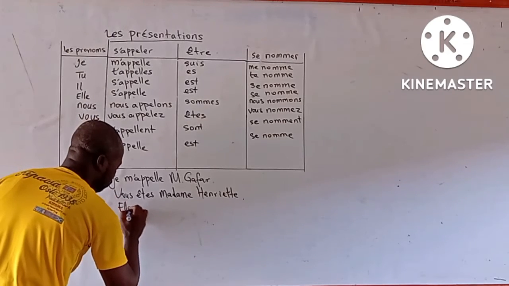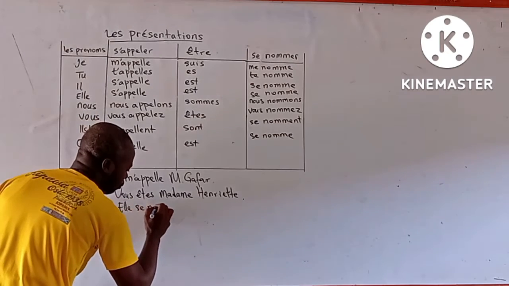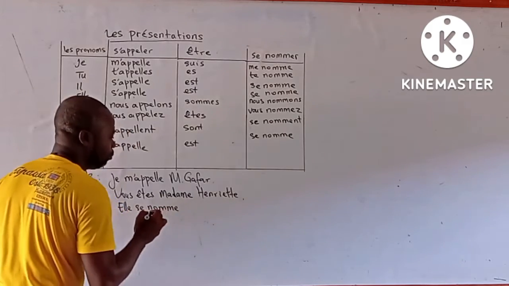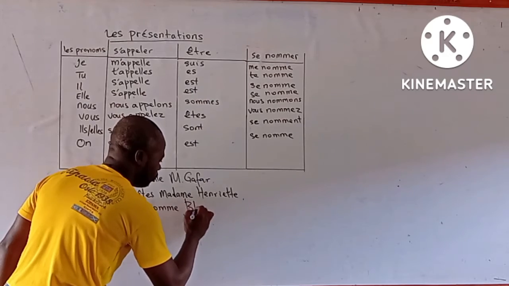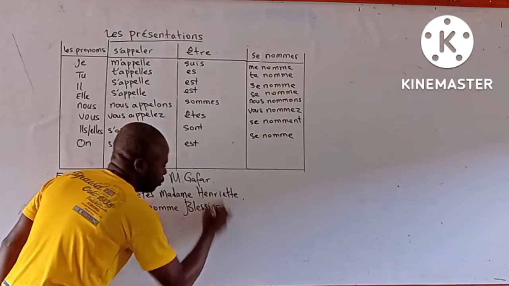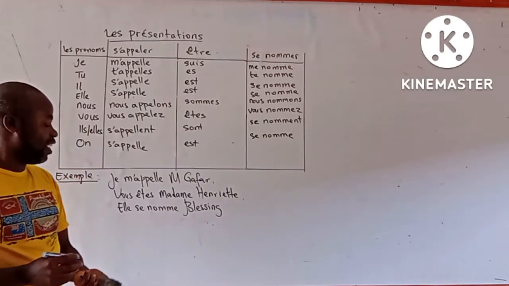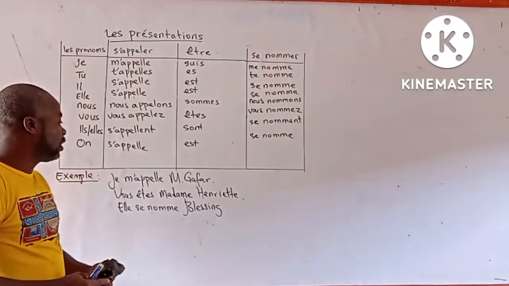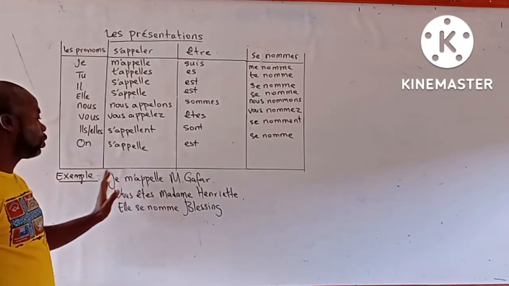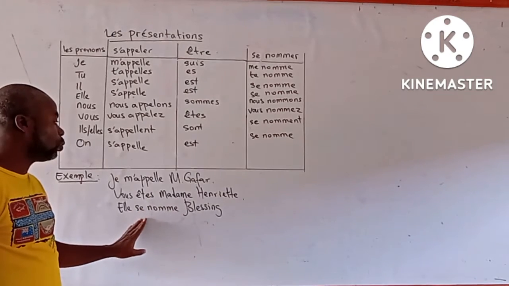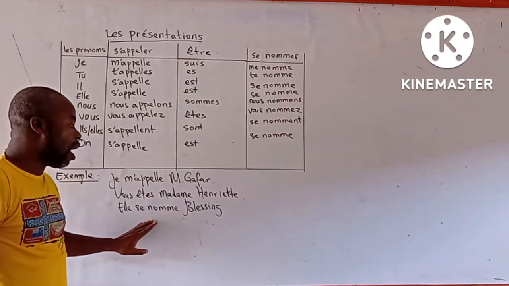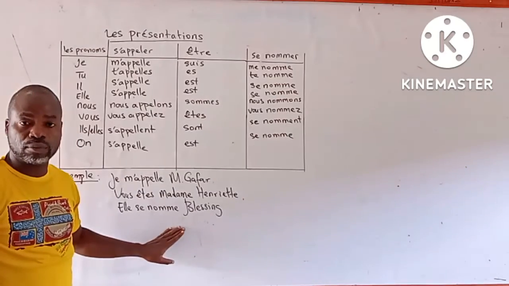Elle se nomme Blessing. You can see I use the three verbs to introduce myself, to introduce another person, and here to introduce another person, the third person.